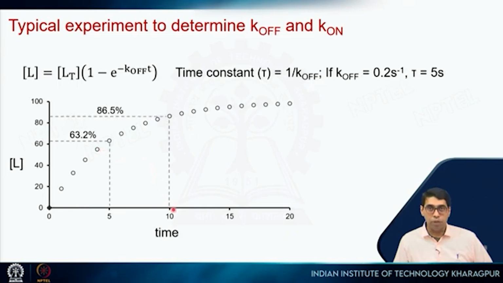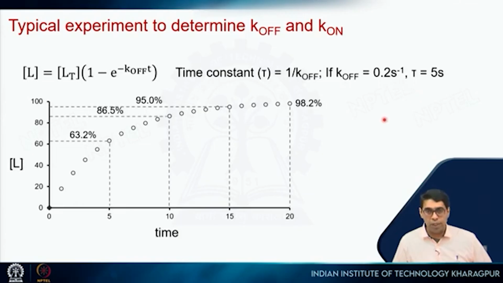If you wait for 2 times the time constant, that is 10 seconds, this will be 86%. This is somewhat okay. If you go for 3, or for 4, it is almost 98%, more than 98%. So typically you should wait for 4 time constants.